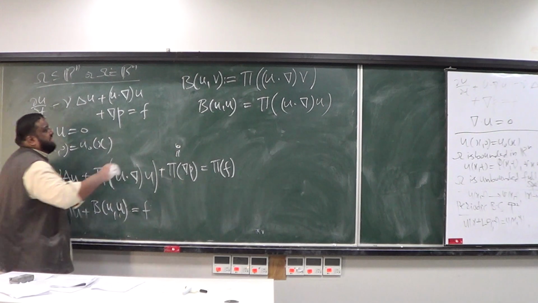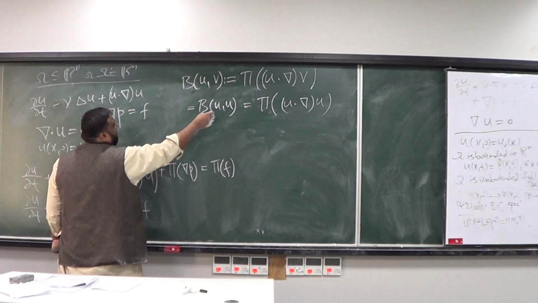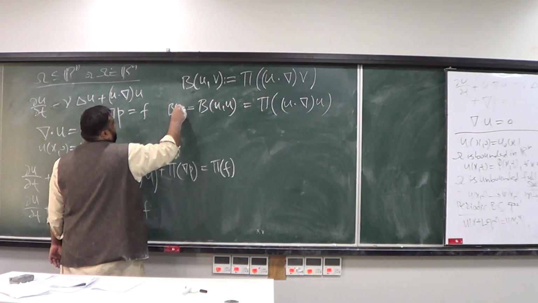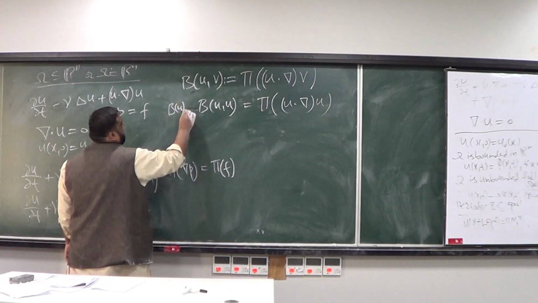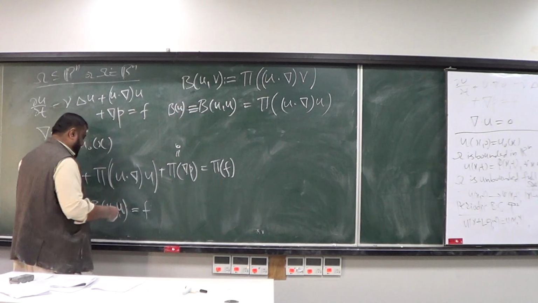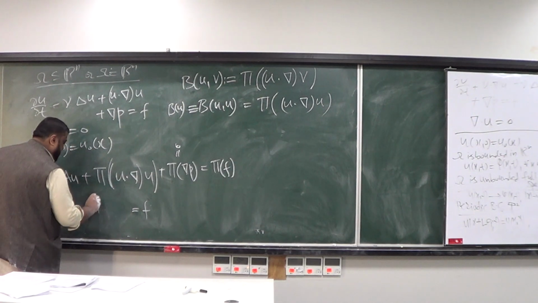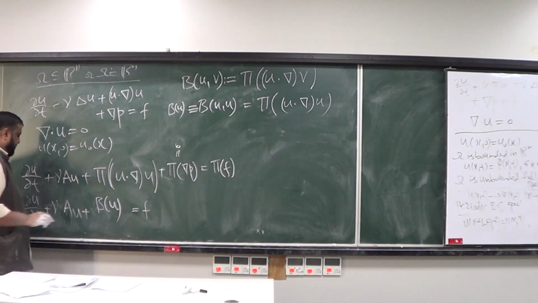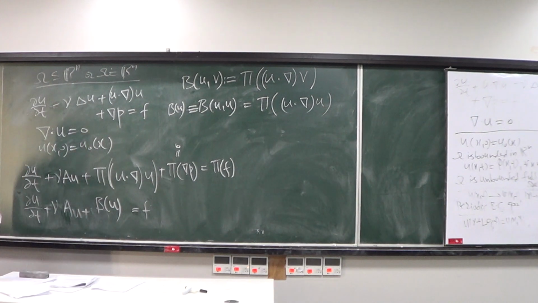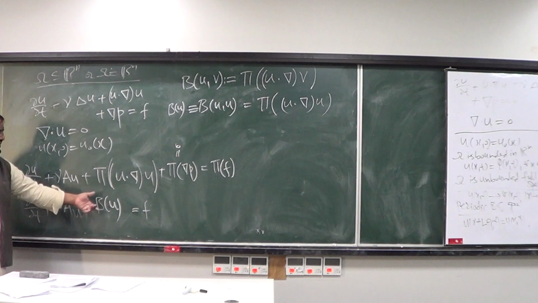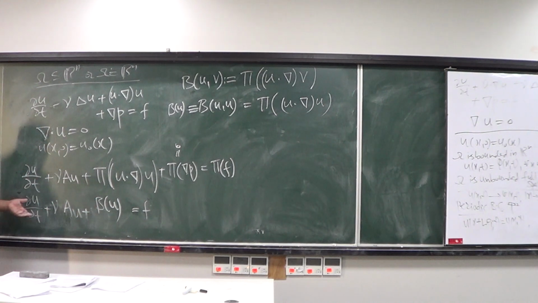Even if I wish, I can write this B of (u,u) simply as B of u. Let's denote B of (u,u) as B of u, and I can write this equation in the form B of u equal to f. Now you can see that this equation looks like a more familiar form.